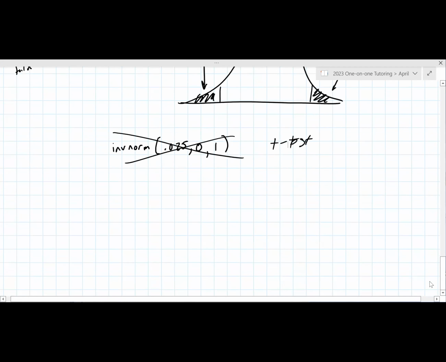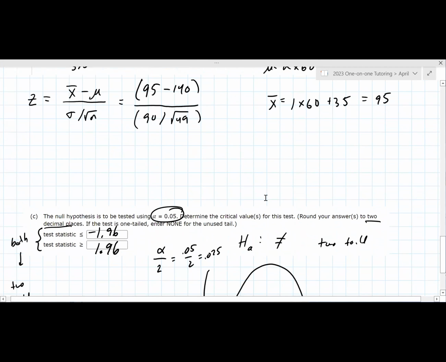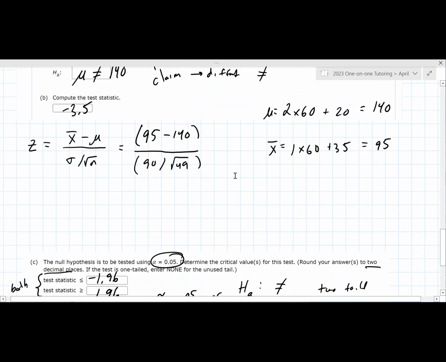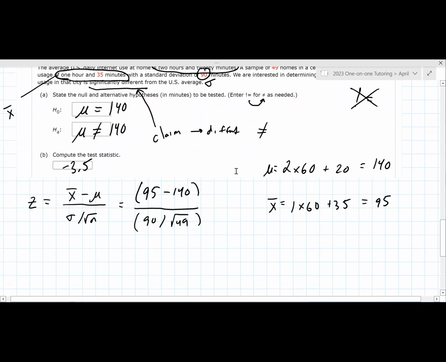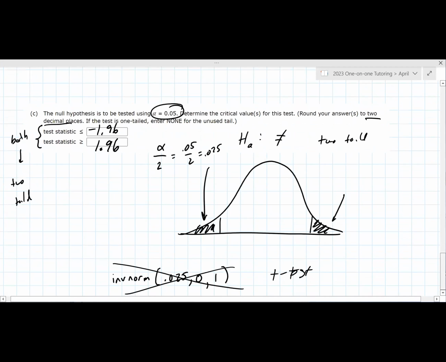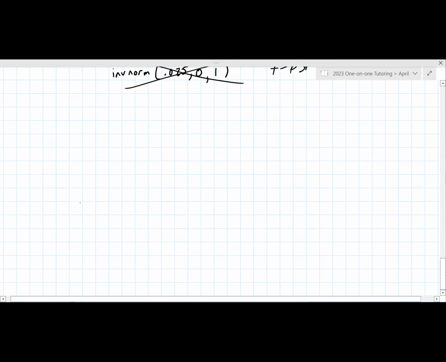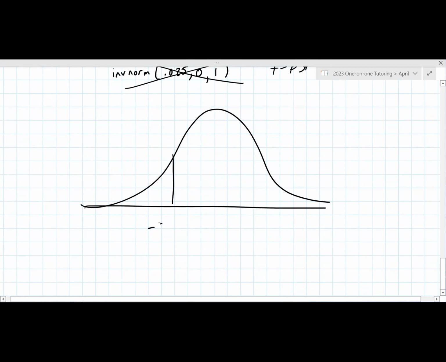So to decide whether you are going to accept or reject, your test statistic was -3.5. Your critical values were -2.01 and 2.01. So this is called your reject region and your reject region.